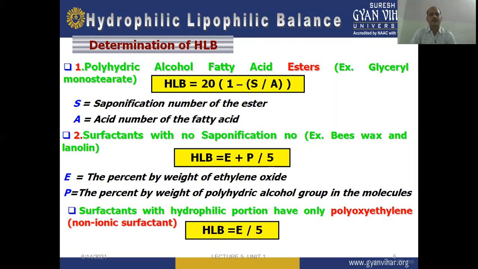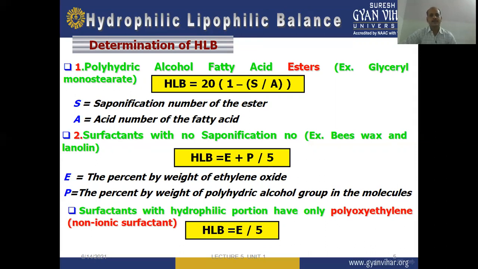The first one is the determination of HLB for polyhydric alcohol fatty acid esters like glyceryl monostearate. For determination of the HLB value for polyhydric alcohol fatty acid esters, the formula is given here: HLB equals 21 minus S by A, where S is the saponification number of the ester and A is the acid number of the fatty acid.